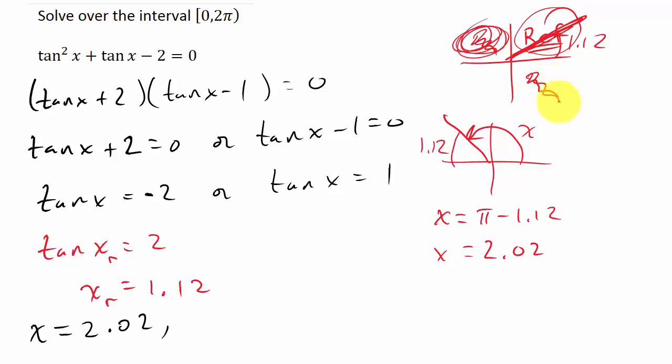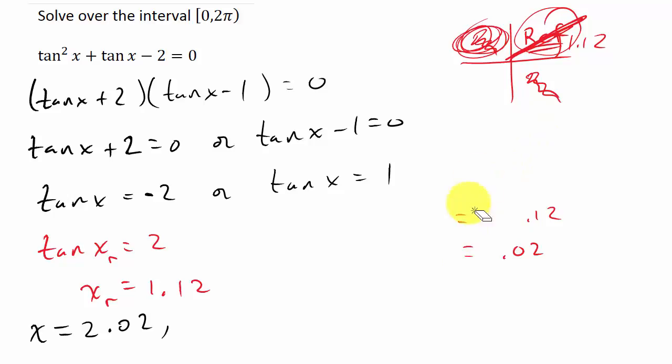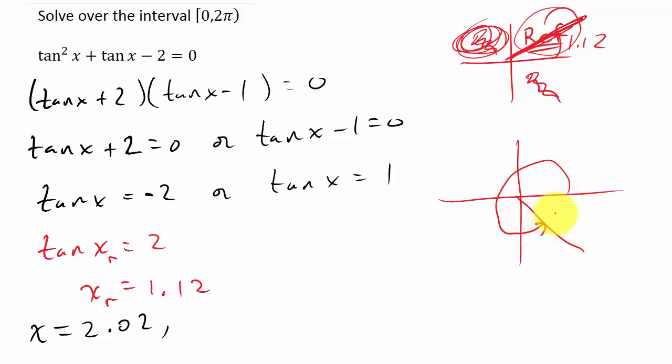Now I need to find my fourth quadrant angle. Let me go ahead and erase this and give us some room to work. My fourth quadrant angle, this angle here, that's x. I'm going to use my reference angle, 1.12. So x is going to be 360 minus this angle.